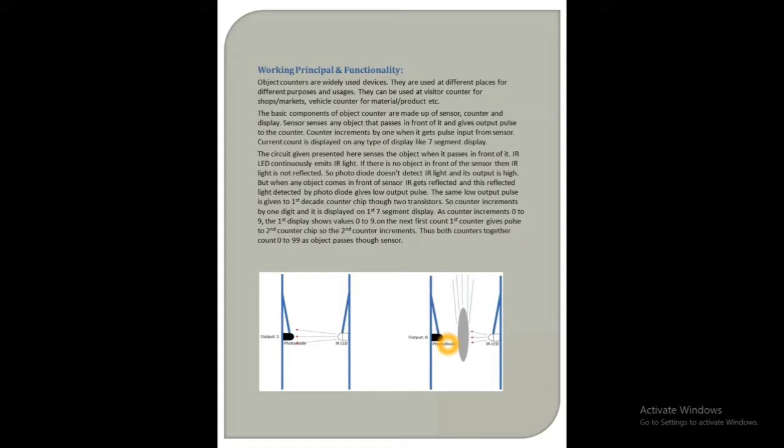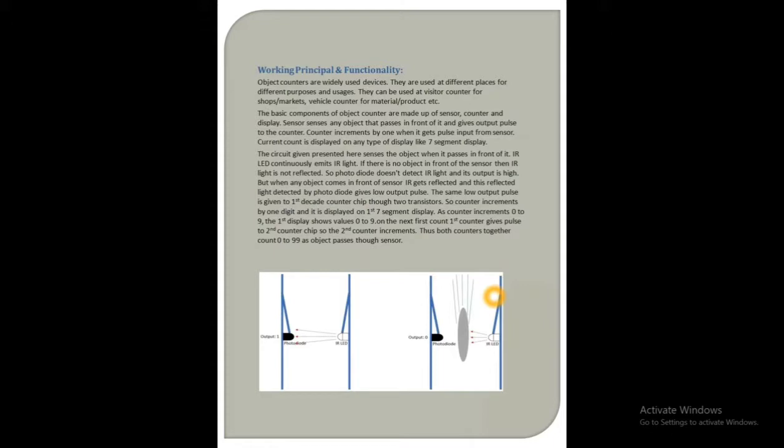But here we used 2 displays that will give values from 0 to 99. So for this, when counting starts, the first display increments from 0 to 9. Then when another increment occurs, the first display gives a pulse to the second display, which will increment one digit, and it will make it 10.